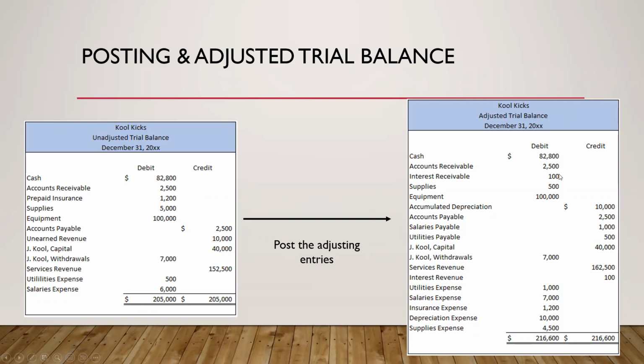I see interest receivable, and we should have some interest revenue down here. Notice that supplies changed. Remember from the previous video, we messed with our supplies. We have accumulated depreciation added here. So all of the adjusting entries that we did, you're going to see those reflected on the adjusted trial balance.